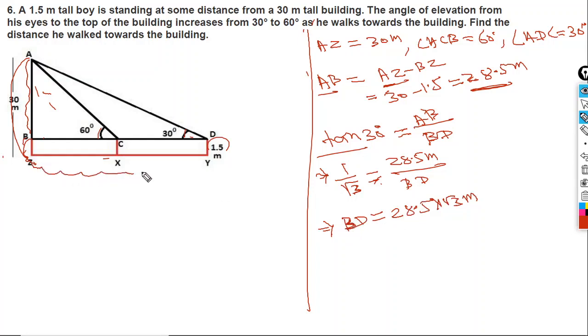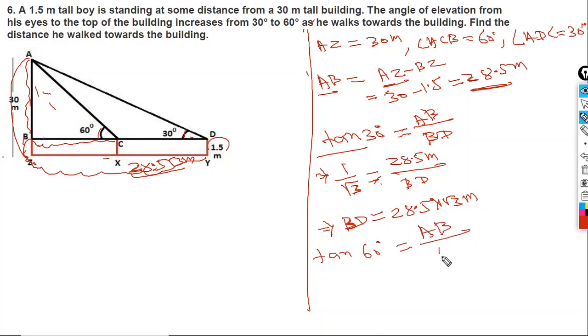This length BD is 28.5 root 3 meter. Now we will find the length of BC. How? We will find tan 60 degree. Again, tan 60 degree will be equal to AB by BC.